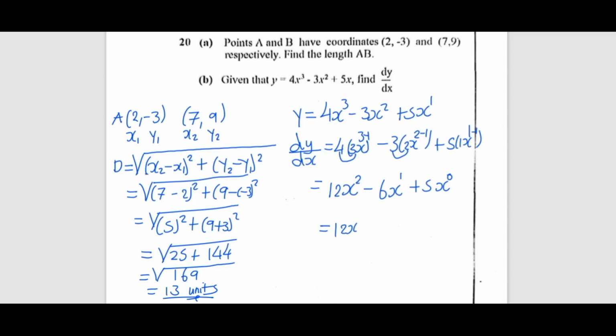So 12x squared minus 6x plus 5, since x raised to the power 0 is 1. That is our final answer.